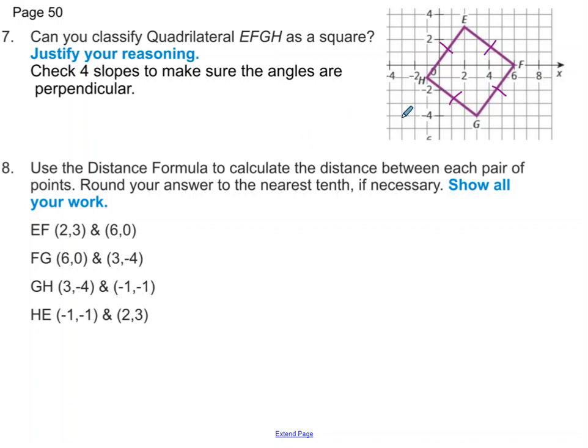And one key factor of parallelograms is that the opposite sides are the same. So I only have to prove that 2 of the adjacent sides, either those 2, or these 2, or these 2, or these 2, any of 2 adjacent sides. Because if these 2 are the same, then we already know that the opposites are the same.